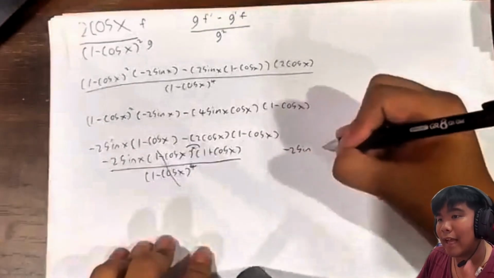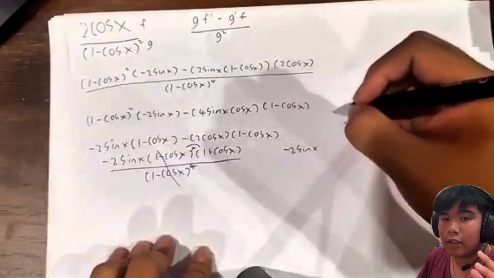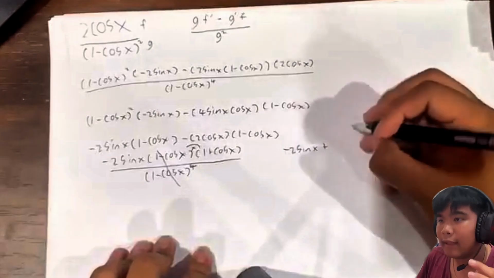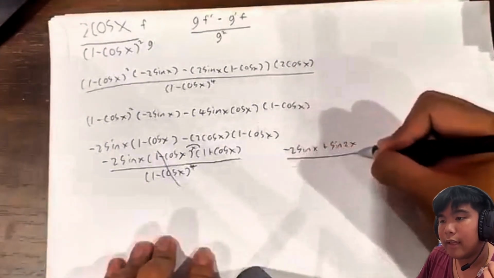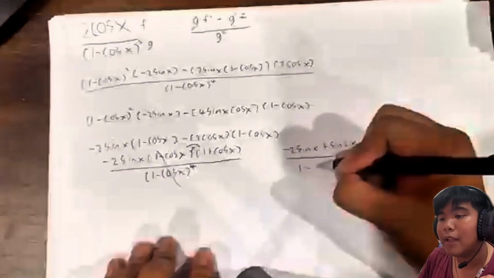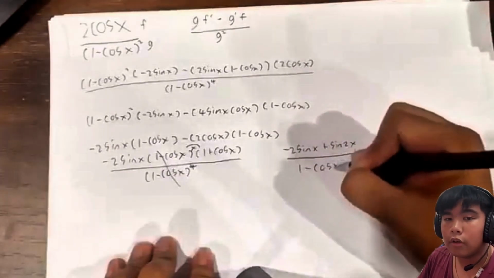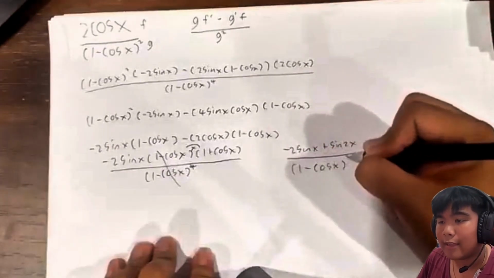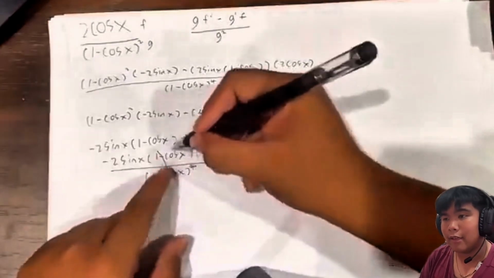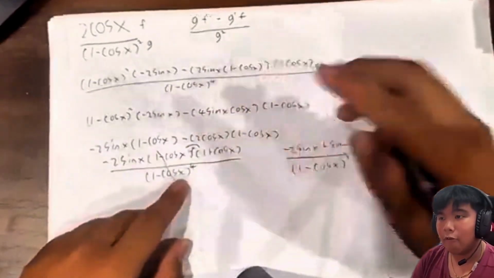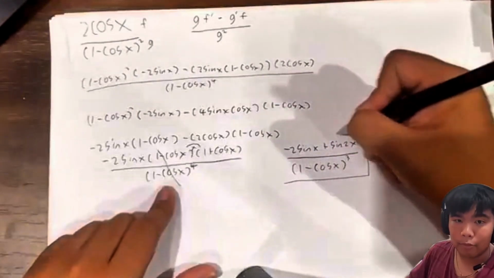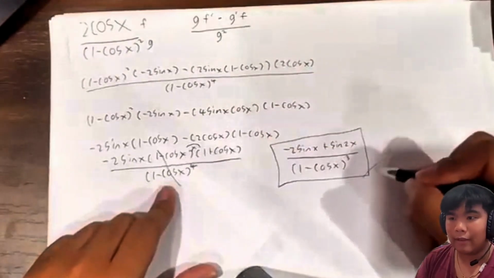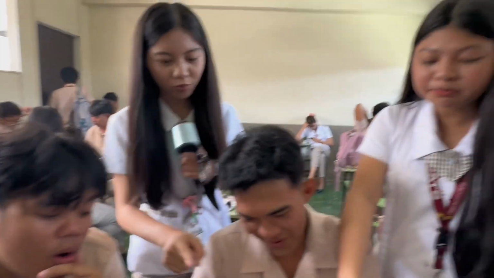And then we're going to cancel out 1 minus cosine x in the denominator. And then this will create our final answer, which is negative 2 sine x plus sine 2x, all over 1 minus cosine x to the power of 3. The reason why it's 3 is because the moment we canceled the 1 minus cosine x, one of the four factors got removed, but there's still 3 remaining. So that's why we put it to the power of 3.